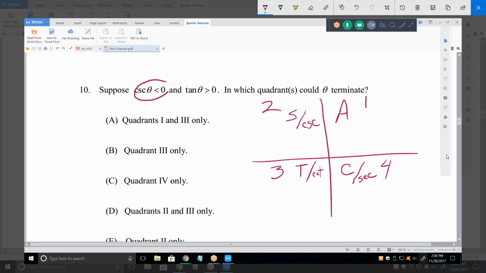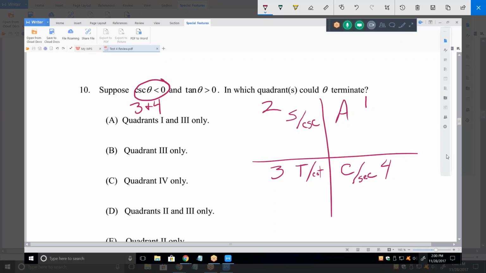Where is that true? Everywhere but quadrant 2. Everywhere but 1 and 2. So that's 3 and 4, right?